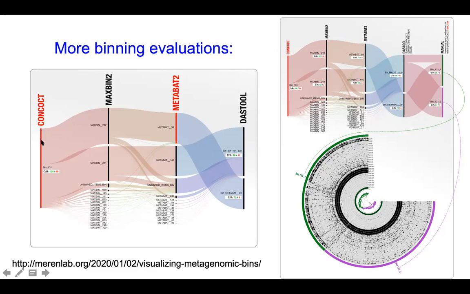So here we see that there's one very large bin of CONCOCT, which is 100% complete, but also a lot contaminated. Completeness is in green, contamination in red. We see that MaxBin disagrees and says, no, these are 2 bins.